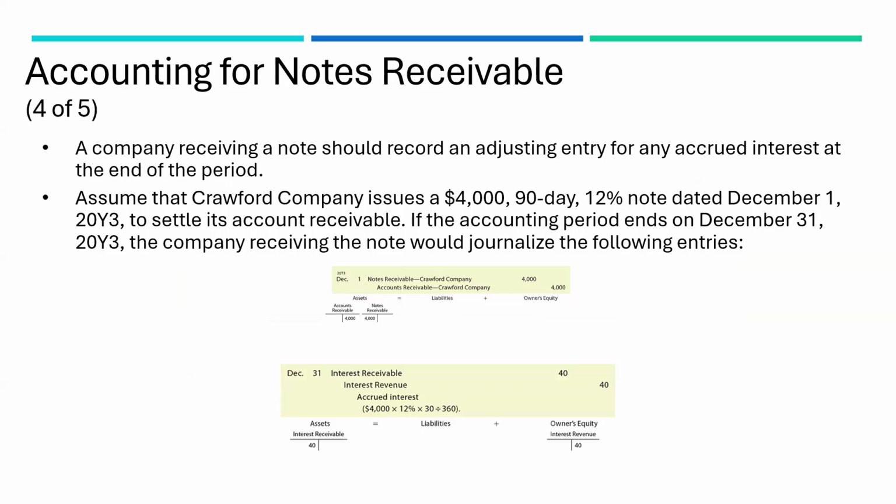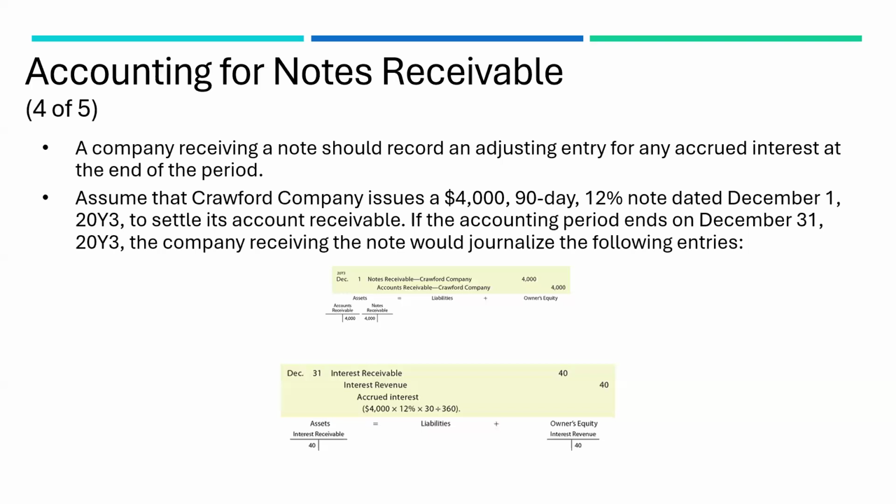At the end of the period, we have to record an adjusting entry for any interest that's accrued during the period. So, for example, they issued a $4,000 note, 90 days, 12%, dated December 1st to settle an accounts receivable. And the accounting period ends on December 31st, but the note isn't due until another 59 days after the new year.